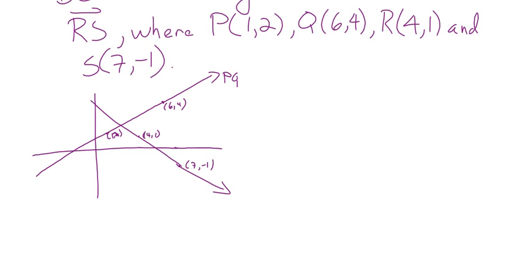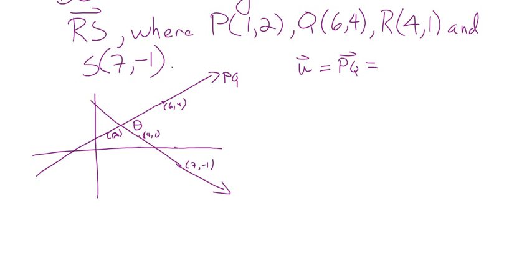Okay, so we want to find the angle between PQ and RS, which is where? Here, here, here, or here? The last one. So we're going to be finding this theta here. How are we going to do that? Well, we are going to use vectors. We will call vector U PQ.